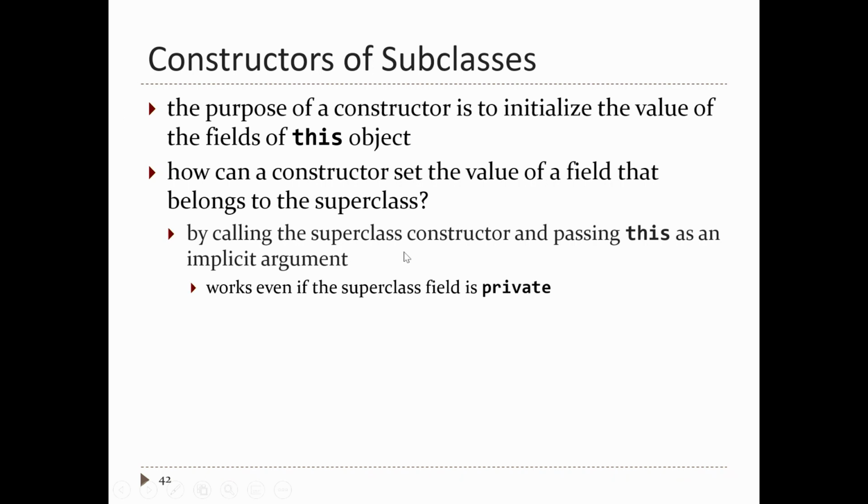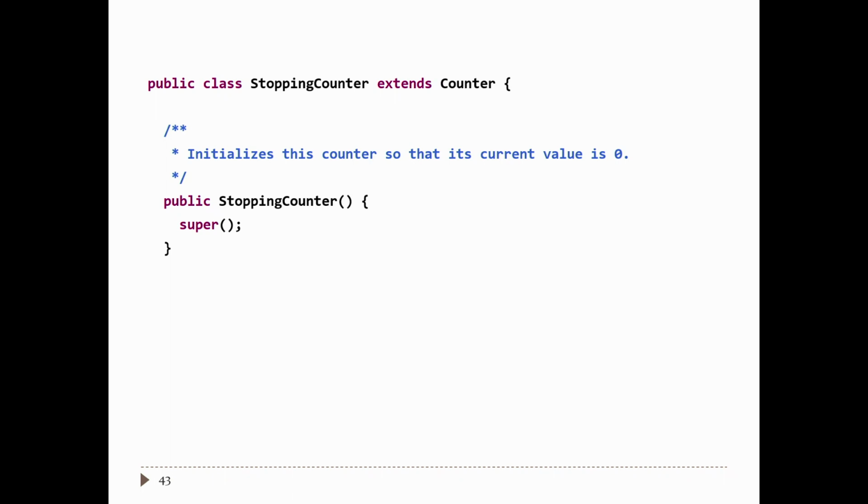So a subclass can call the superclass constructor to initialize the superclass part of the object. Now this has the advantage that this works even if the superclass field is private. So if your superclass has a private field, that field still needs to be initialized. The way that it gets initialized is by the subclass calling the superclass constructor. The syntax that you use is as follows.